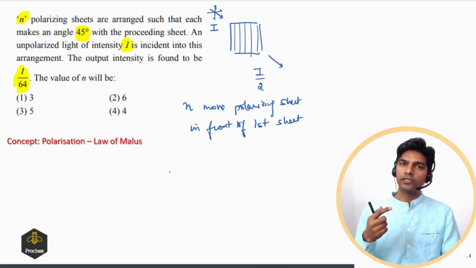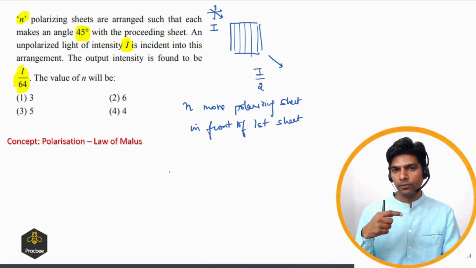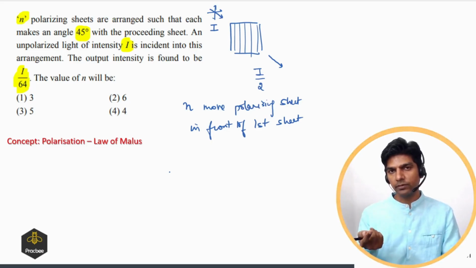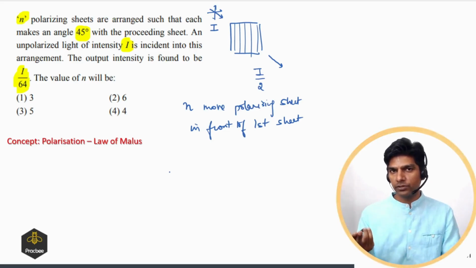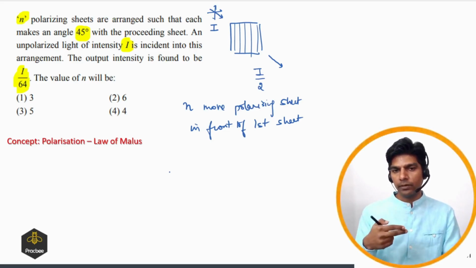Now after transmission by the next sheet, the intensity will become I by 2 times cos square 45 degrees. Similarly, after passing through the third sheet, the intensity will become I naught by 2 cos square 45 times cos square 45.